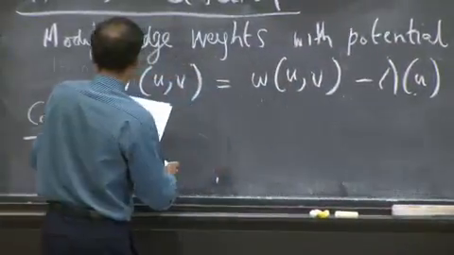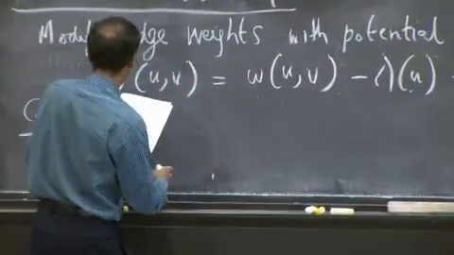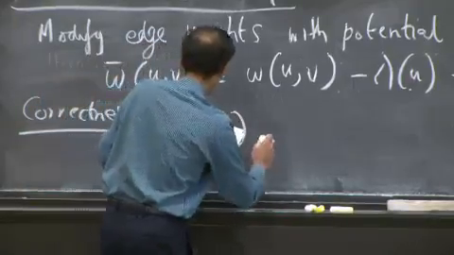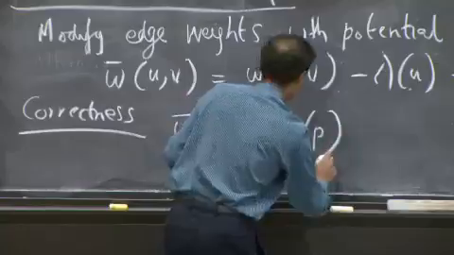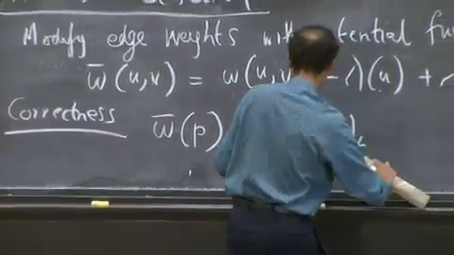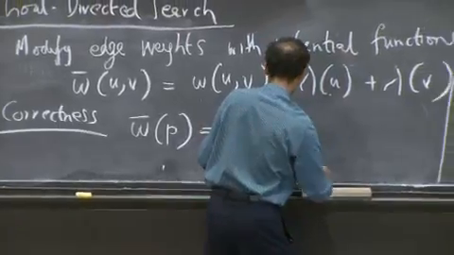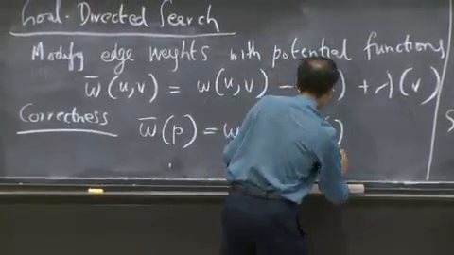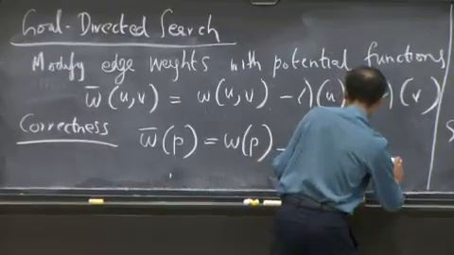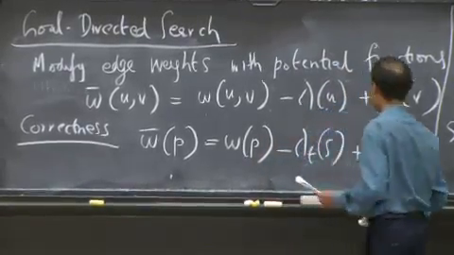Right? So the way we are going to do this is by saying that any path w(P) is going to get modified based on its destination and source.